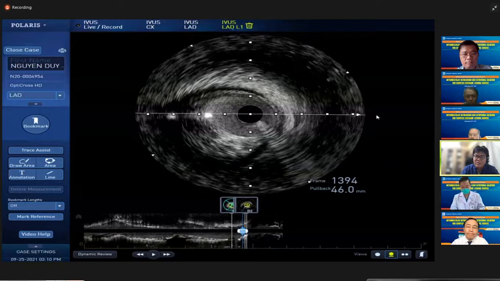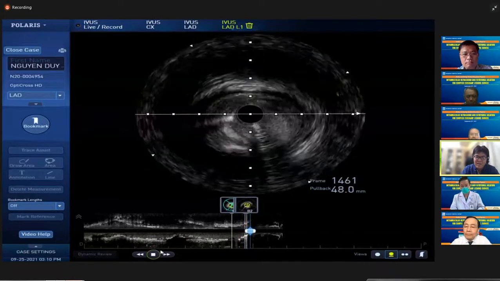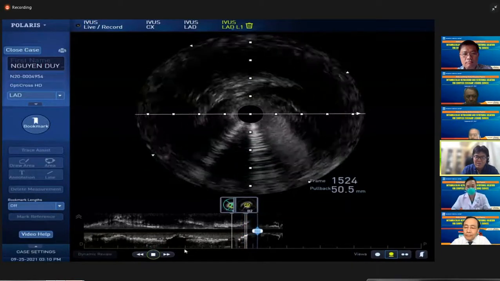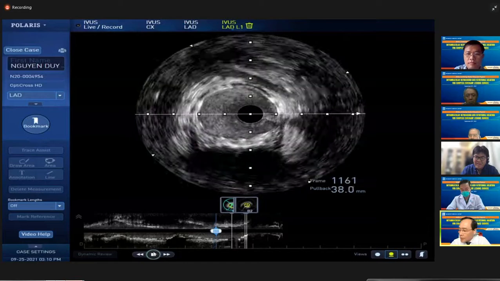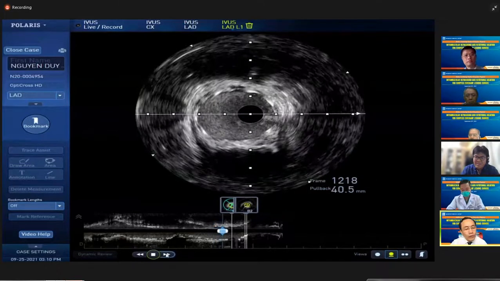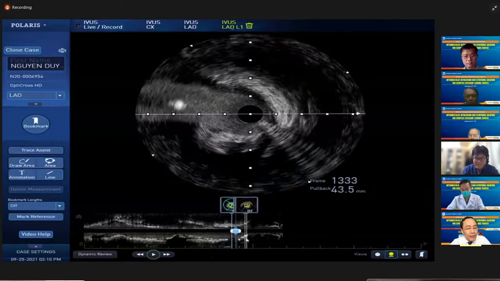As you know, the longitudinal view is so important to assess the angle between the main branch and the side branch. Yes, I agree with you. We just use longitudinal to see the angle between the main and the side branch.